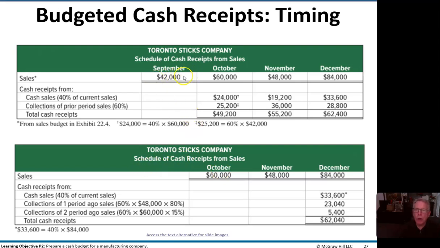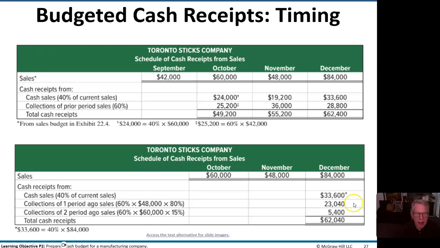You'll remember that we started with our schedule of sales here in dollars, and then our cash receipts that were staggered a little. Now we prepare our schedule of cash receipts from sales. We start with our cash sales, and then we also have our collections from one period ago, and then collections from 2 periods ago.